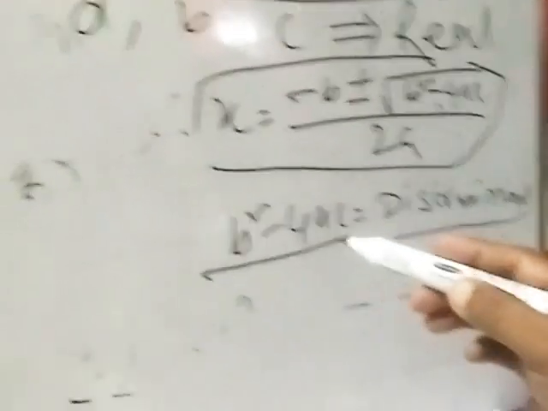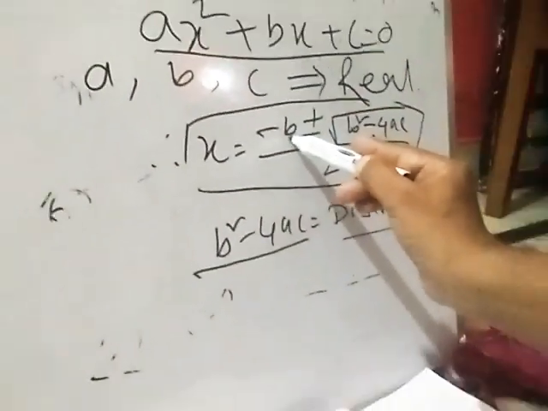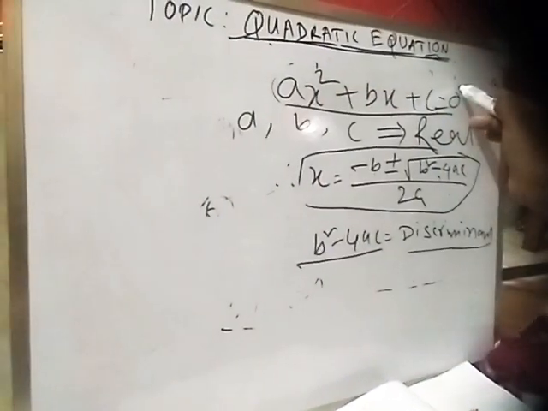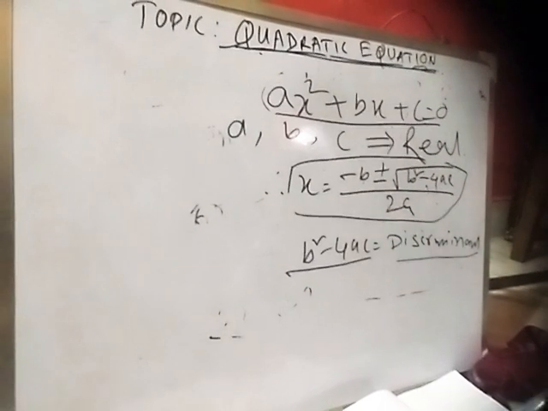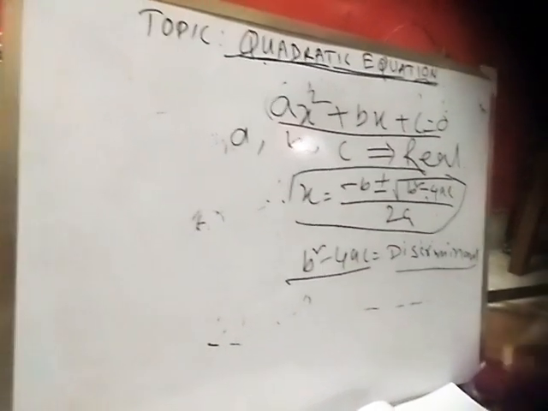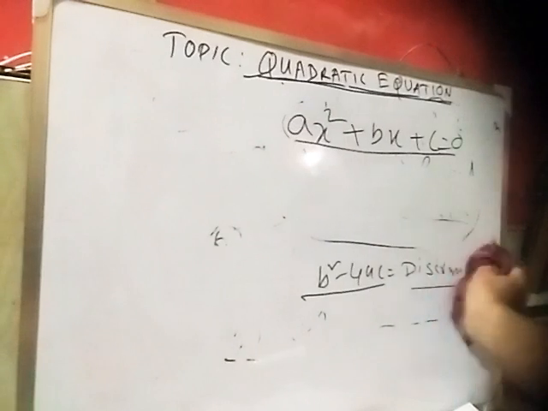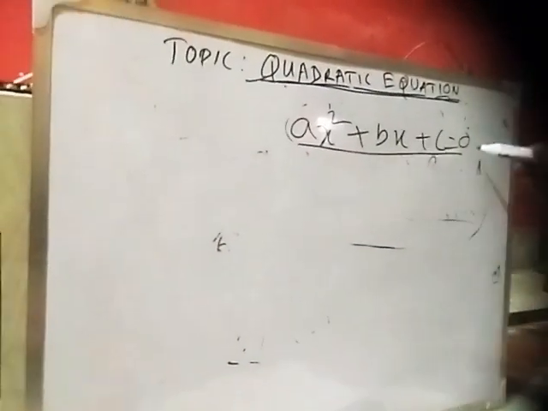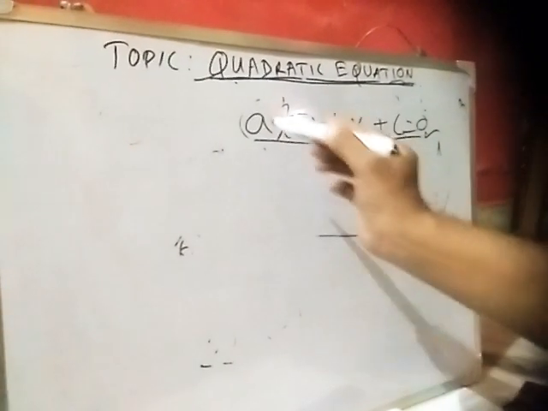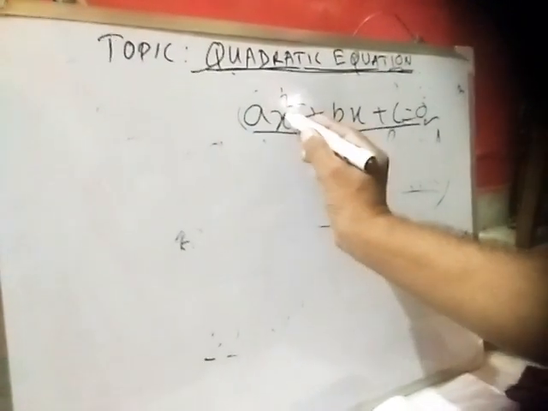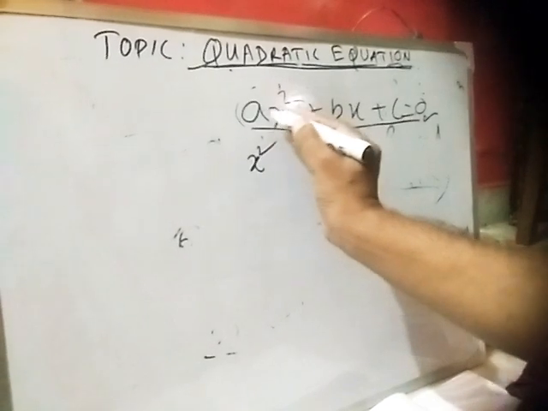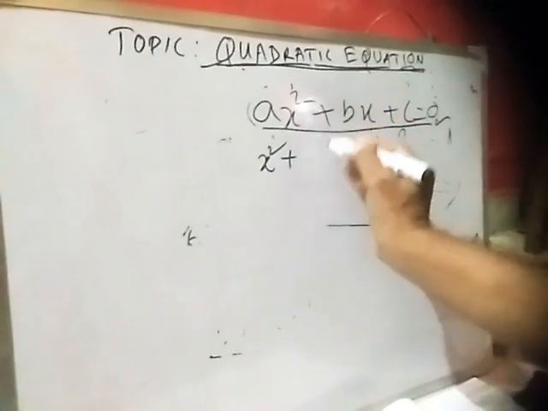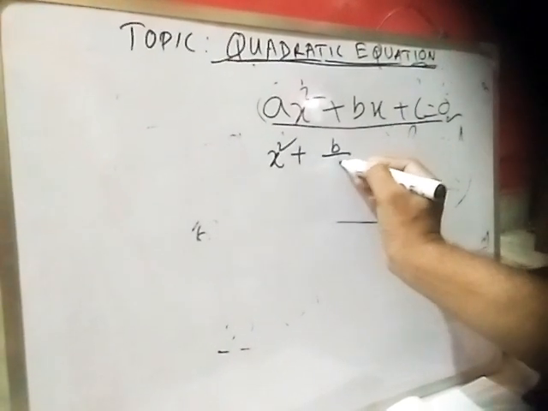So next, by solving this equation, follow. Dividing both sides of the main equation by a, ax square by a cancels, so we have x square plus b by a x.